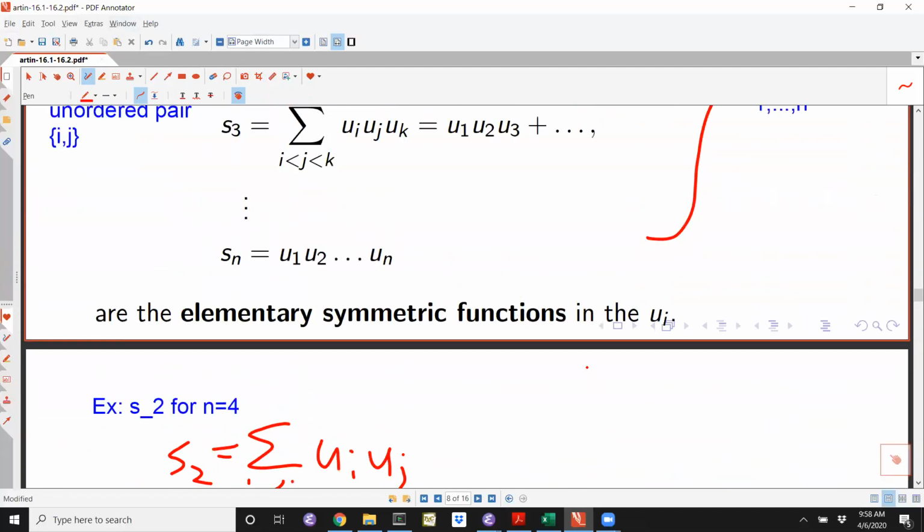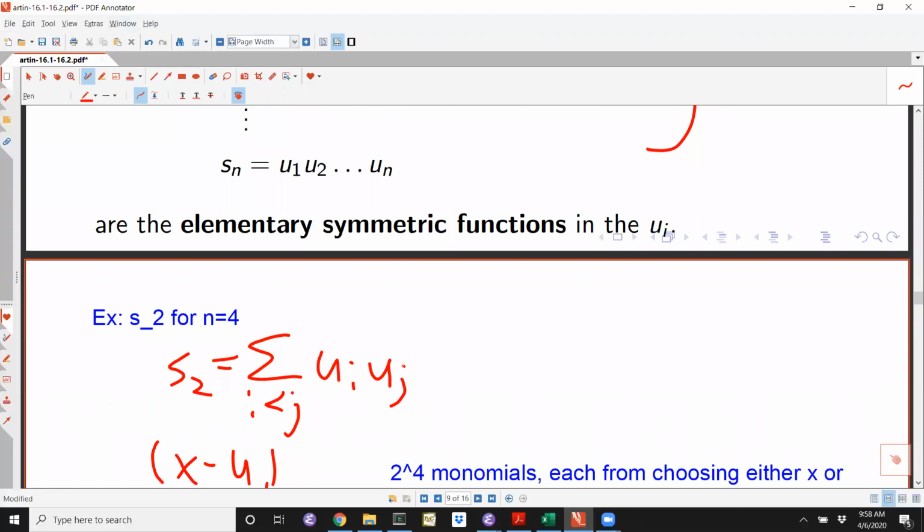This slightly mysterious way of writing this is really just a way of specifying a sum over the sets of size 2 inside 1, 2, 3, 4.